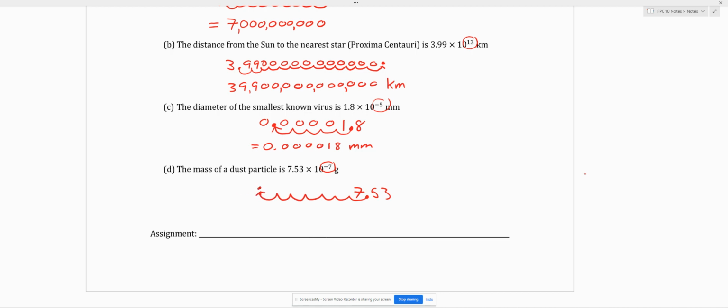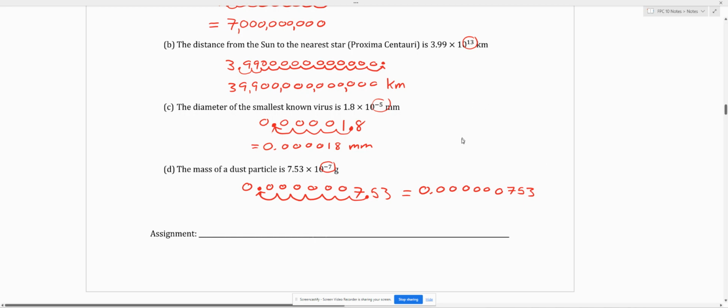Redraw your decimal, fill in your zeros. Now this really tiny number, we can finally represent it as 0.00000. How many do I have? Always be careful. Okay, so 6 zeros there after the decimal, and then 753.